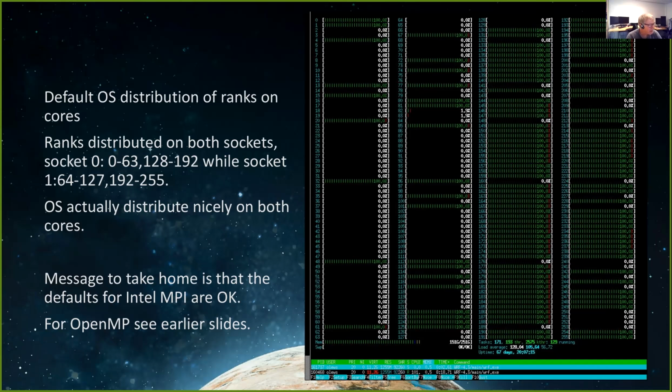So if you don't do anything, it's normally okay. But it's important to have a look, and you can easily log into your node and look. This is a Wharf example. You can log into the node, start htop, and look at how the ranks or threads are distributed on the cores.